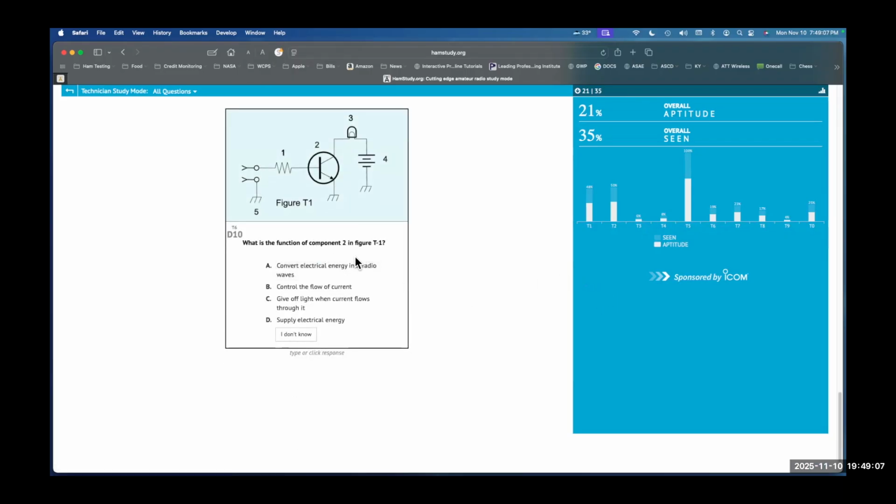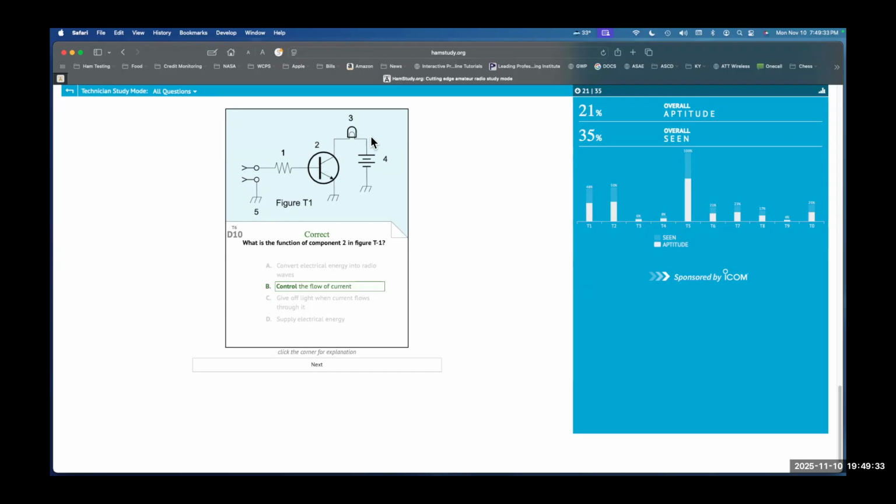What is the function of component 2 in figure T1? Convert electrical energy to radio waves, control the flow of current, give off light when current flows through it, supply electrical energy. Control the flow of current. It's going to be B. And the way I kind of remember that one, this is a transistor.